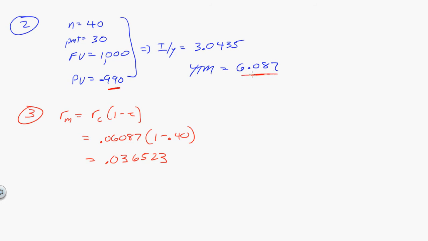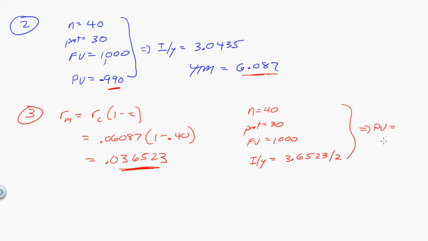Well, I'm saying this yield to maturity on a taxable bond is the same thing as this yield to maturity on a tax exempt bond, which means when I say N is equal to 40, payment is equal to 30, future value is equal to 1,000, the yield to maturity is equal to 3.6523 divided by 2. Plug that in, press the present value key, that gives me the price of $1,331.13.